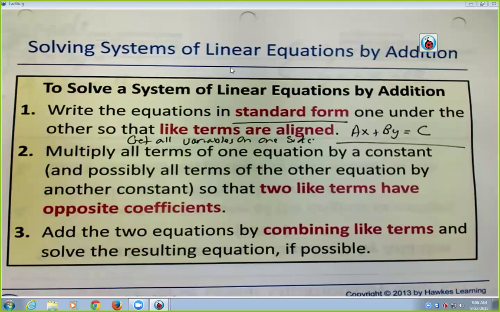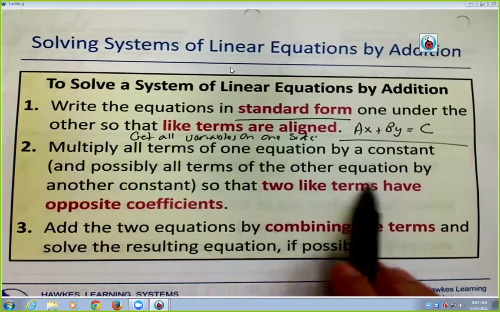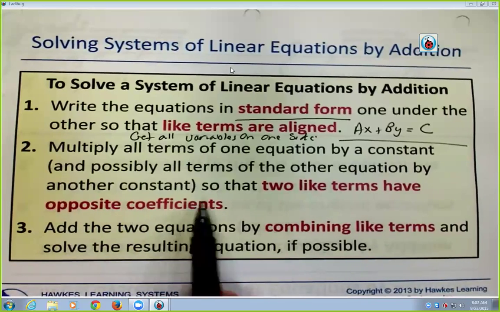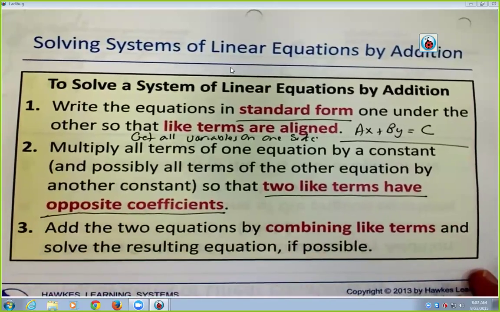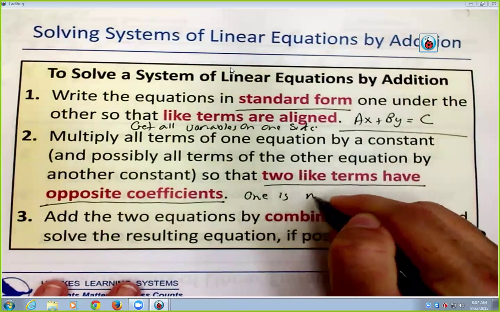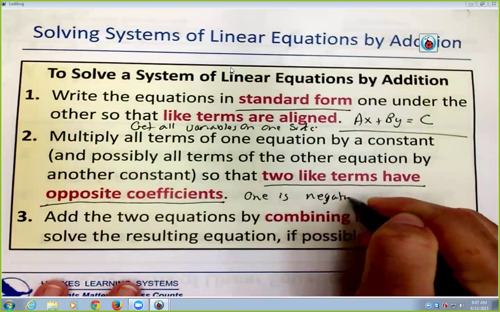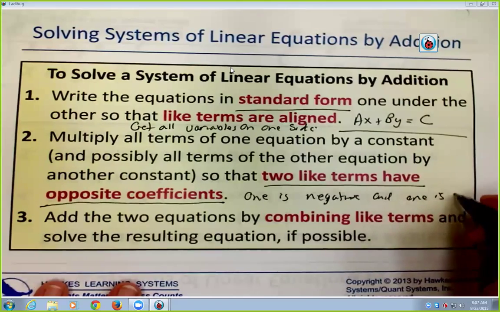Then it says, multiply all terms of one equation by a constant and possibly all terms of the other equation by a constant, so that two like terms have opposite coefficients. Opposite meaning one is negative and one is positive.